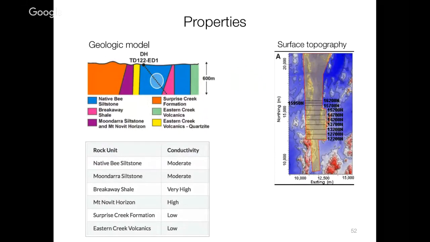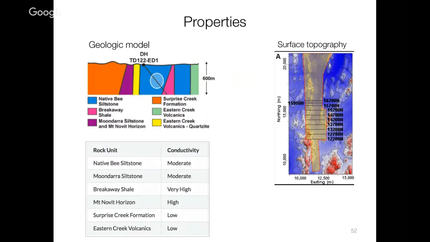Two breakout layers, rock units, and we've got the conductivity. The volcanics, conductivity. Okay, so the thing that we're looking for is something called the Mount Nova horizon. High value of conductivity.